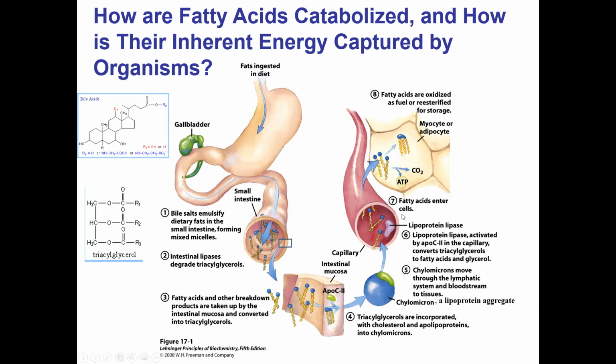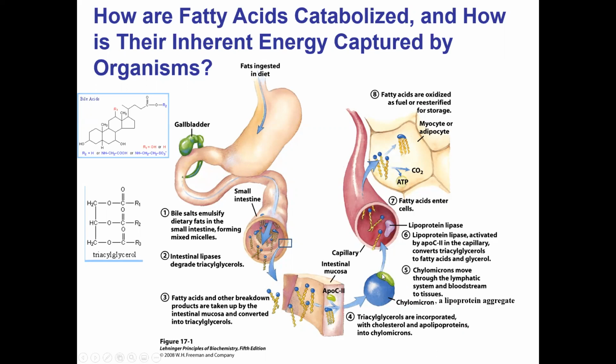And it turns out, think about the coolness, right? Wherever you have fat cells or muscle cells, the blood vessels that are lining them actually have a specific lipase called lipoprotein lipase that is activated by interactions with ApoC2, the protein that is shown here in green.